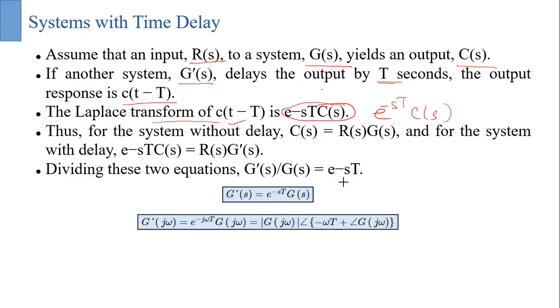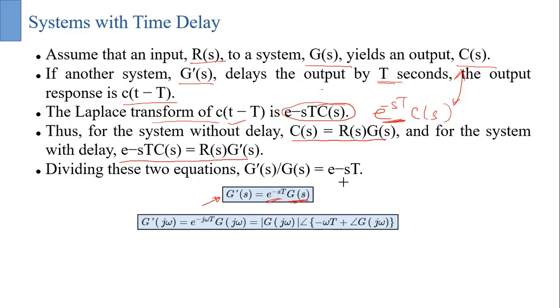So whatever the actual response was, with that we have our delay, the Laplace transform version of the delay. So this is the first system, and this is the second system. Now if you compare these two systems, you can see that the delay system is the actual system transfer function, and with that we have this delay element e to the minus sT.